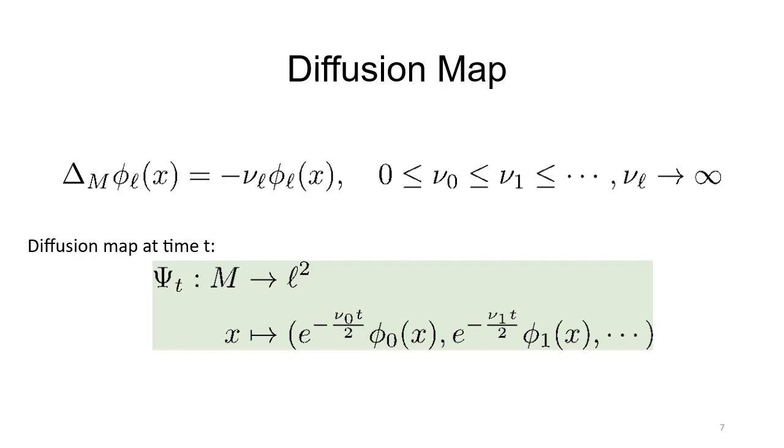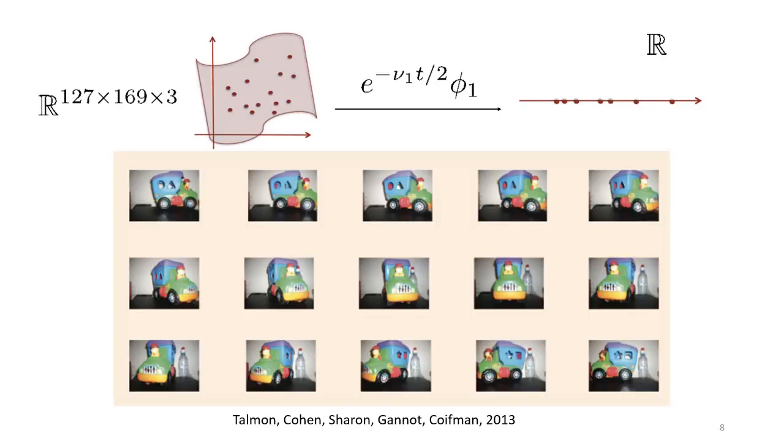I'm going to use this coordinate to construct a map and send these high dimensional images to R1. And let's see what happens. So now I put each image into R1 according to the coordinate function e to the minus nu1 t over 2 times phi1. The diffusion time t is chosen by the user, so just any small number t would be fine.